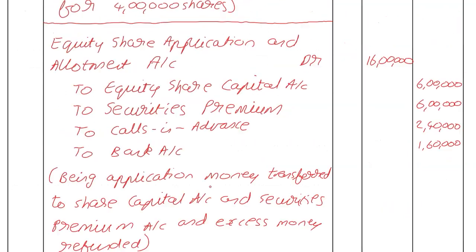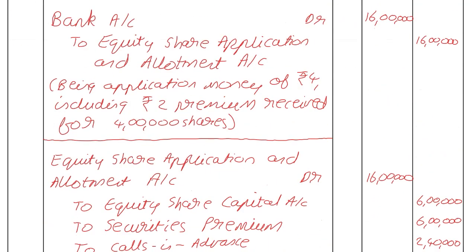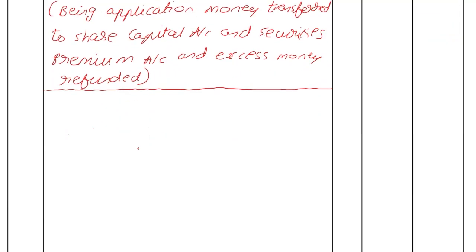Whenever we are doing the first entry, bank to application, it is always receipt first and then transfer. This is receipt and this is transfer. Okay, but you need to keep in mind that when we move forward in all subsequent levels, even if there was first call, second call, third call, fourth call, we do transfer first and then receipt.